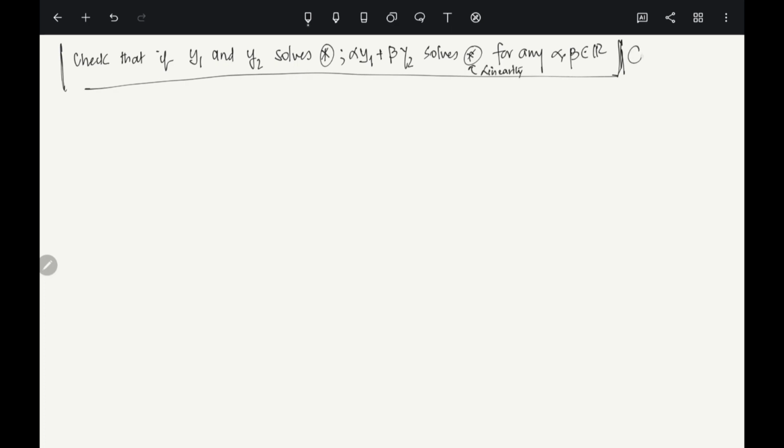Please check this part. This is one of the characteristics of linear equations.